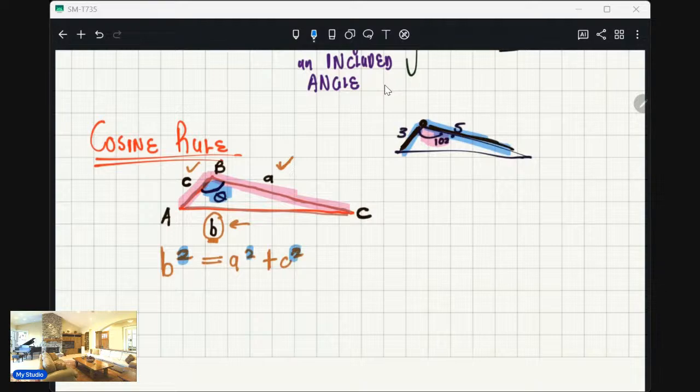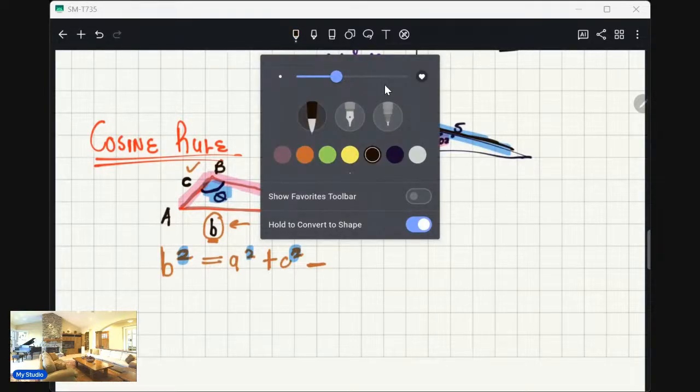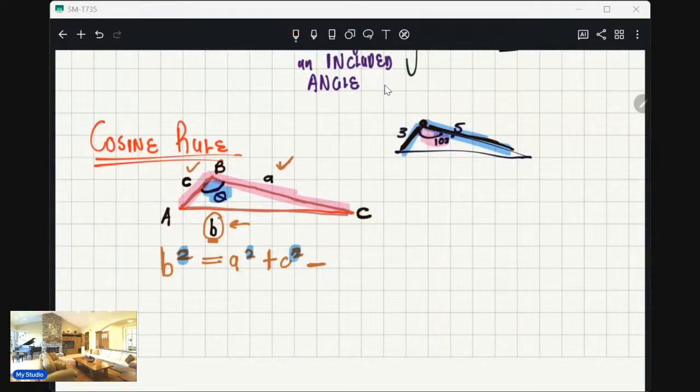So it's like Pythagoras almost. But then you now say minus afterwards. Then you say 2, minus 2.